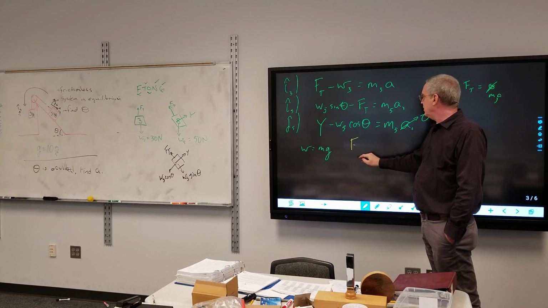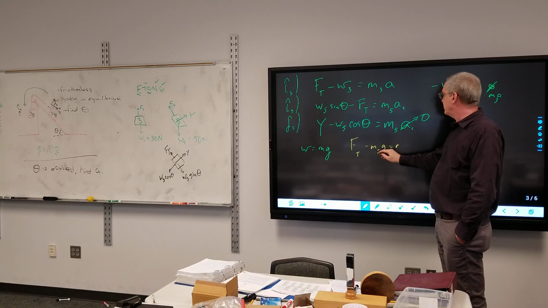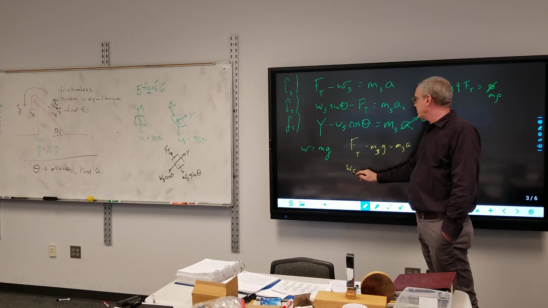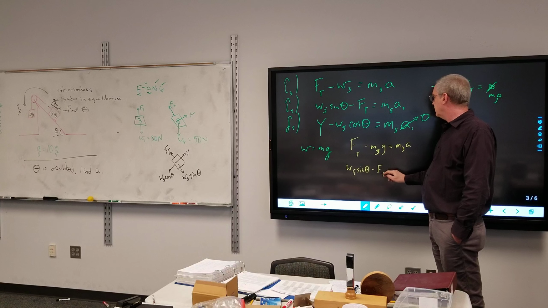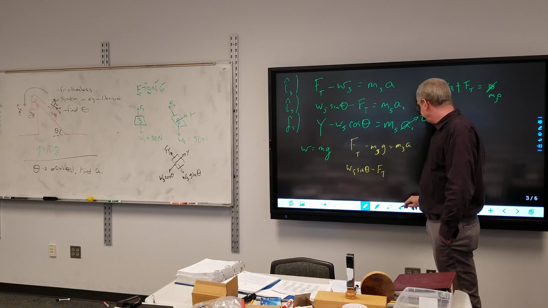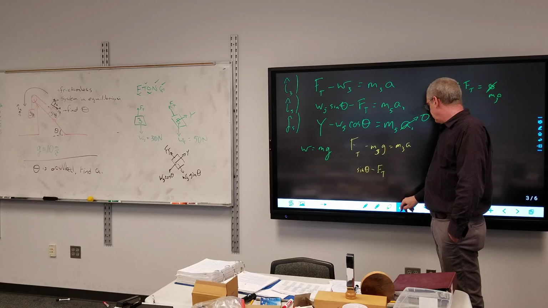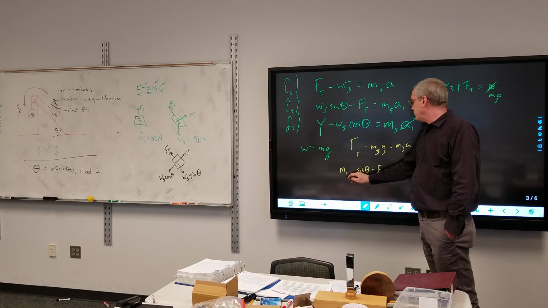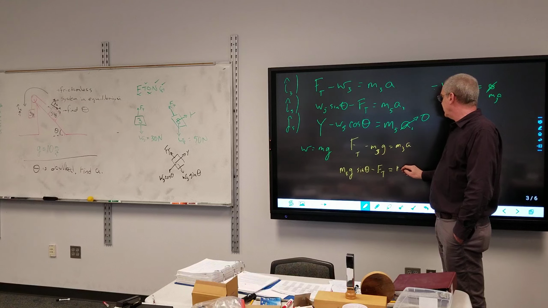So I got tension minus M5G equals, oops, sorry, that's M3, equals M3A. And then I have W5 sine theta minus tension. Hold on. There: M5G sine theta minus tension is equal to M5A.